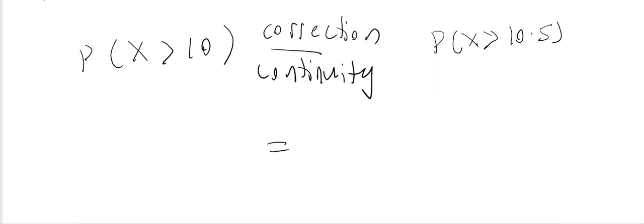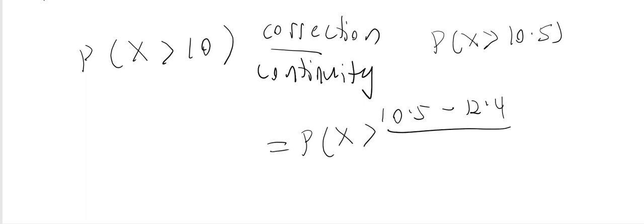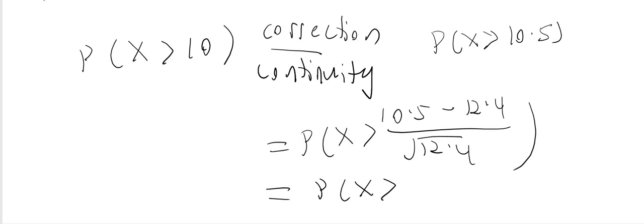Okay, that equals probability X greater than 10.5 minus mean 12.4 over the standard deviation, square root of 12.4. After standardizing, you get Z, probability Z greater than negative 1.14.